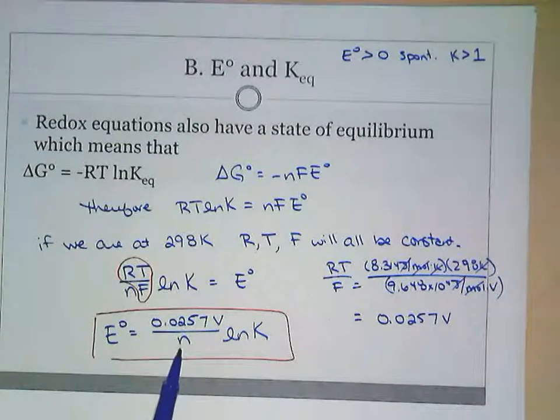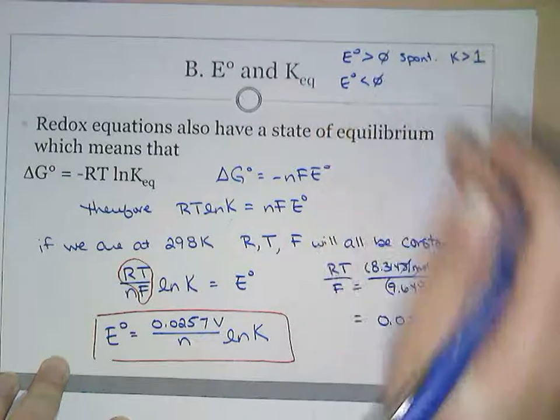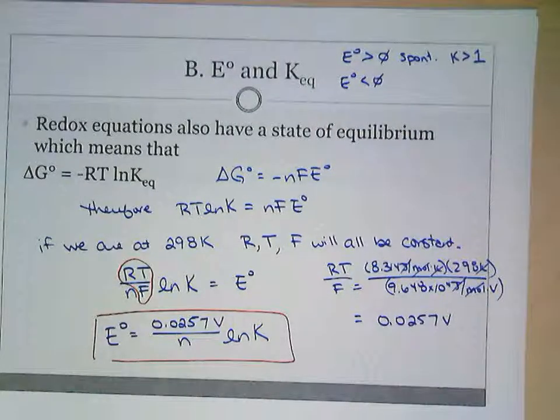So tell me what n is again. All right, number of moles. Can that ever be a negative number? No. So I have a positive number over a positive number. Positive. If K is greater than 1, then this whole side is positive. So E0 is always positive if K is greater than 1. Okay, if I have an E0 less than 0, am I spontaneous or non-spontaneous? Non-spontaneous.